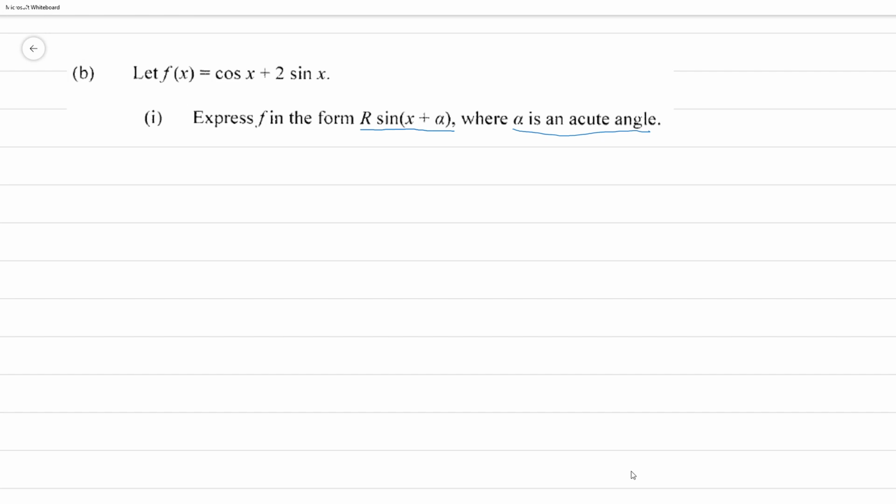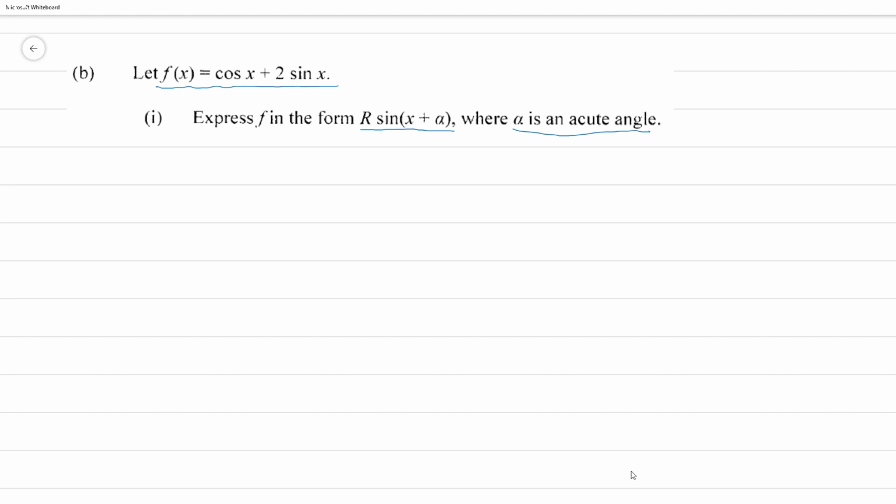It would have been nice for them to say if alpha is an acute angle in radians or degrees. That was not mentioned. So naturally, I guess you would work in degrees because it's easier. So we'll see how it goes. Our function f of x, of course, is cos x plus 2 sine x. So we are asked to put this in the form r sine x plus alpha.